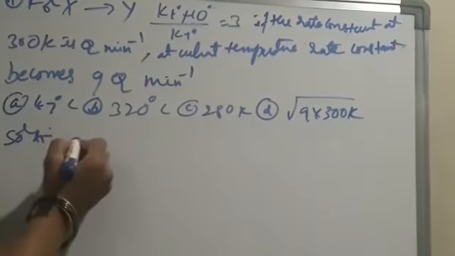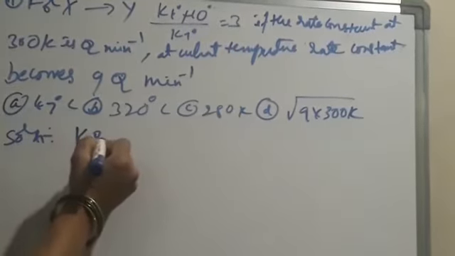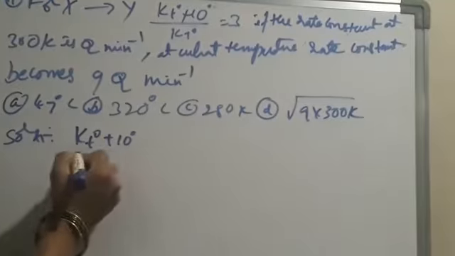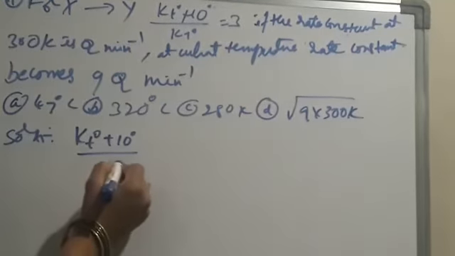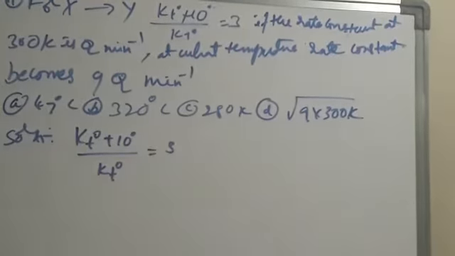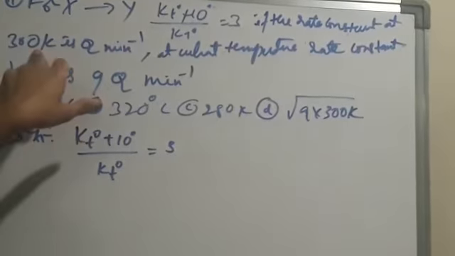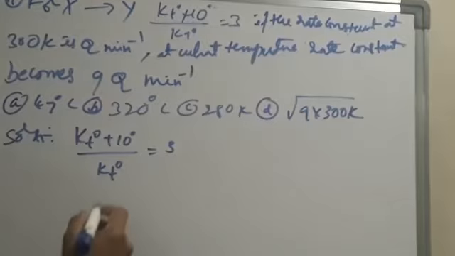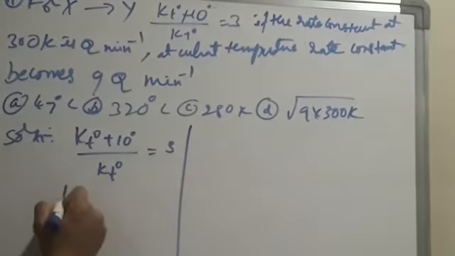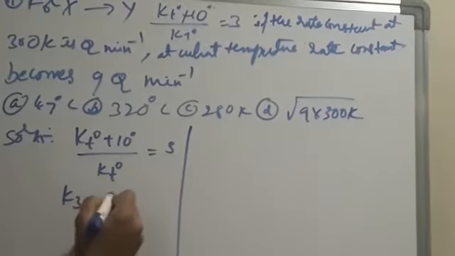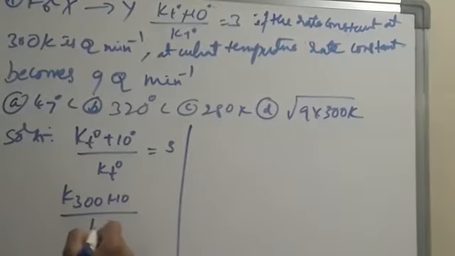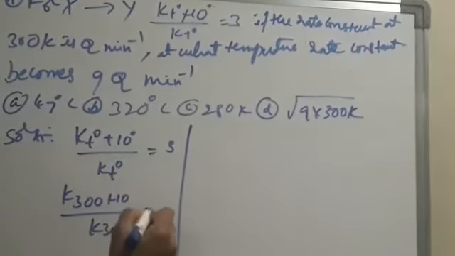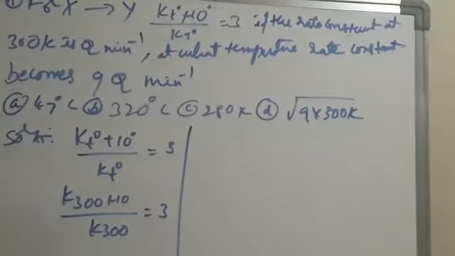So we can write K 300 plus 10 by K 300 is equal to 3.